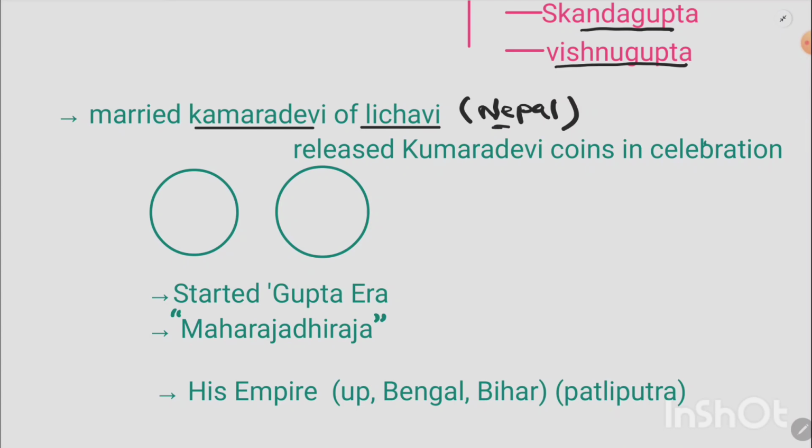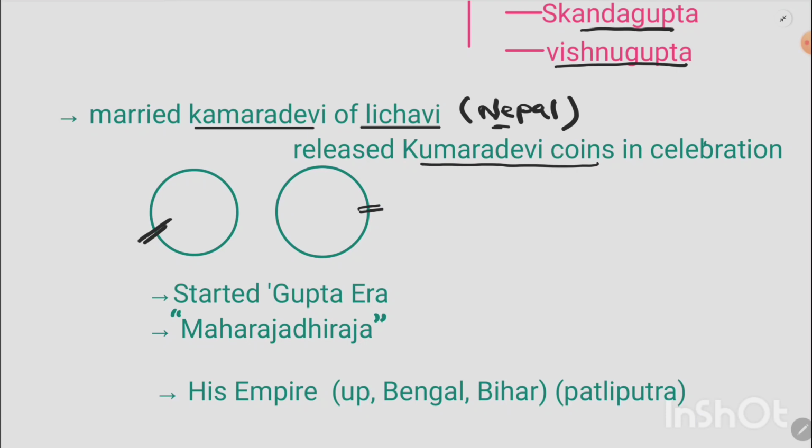So Chandragupta married Kumara Devi, and in the celebration, he issued Kumara Devi coins. What was the feature of these coins? The front face was filled with the image of the king, and the other part was filled with the images of Lakshmi, Parvati, or one of them. That was the important feature of these coins.